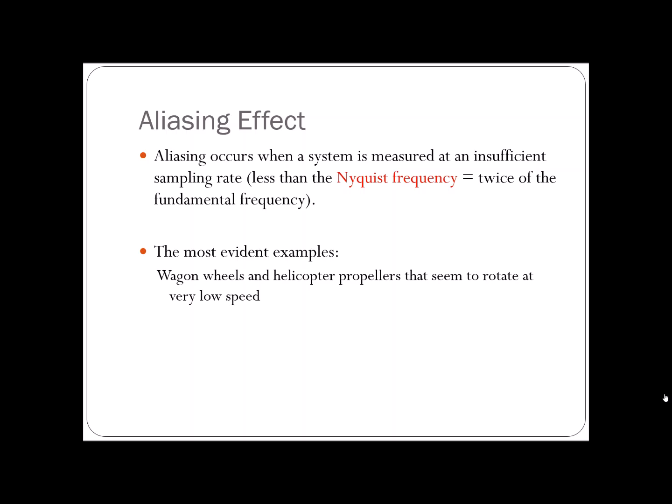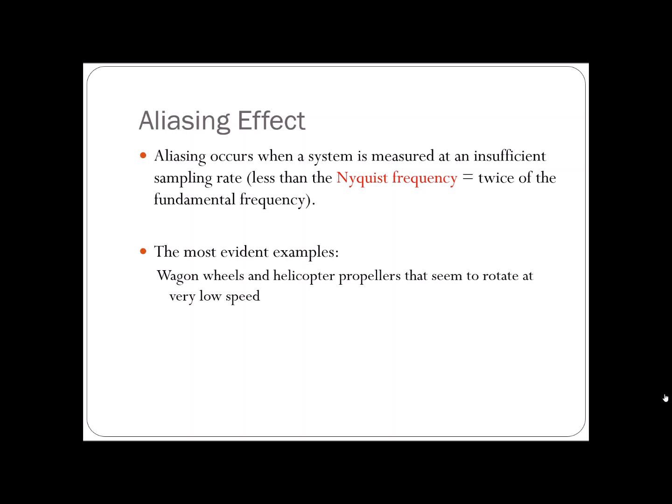What is Nyquist frequency? Nyquist frequency is twice the fundamental frequency. You might have another question then, what is fundamental frequency? In short, fundamental frequency is the frequency of interest in your measurement.